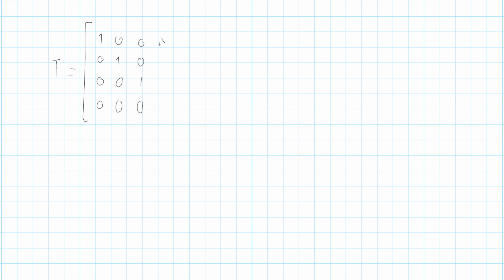And then here we have x, y, z, and then 1. Okay, this is a 4x4 matrix.